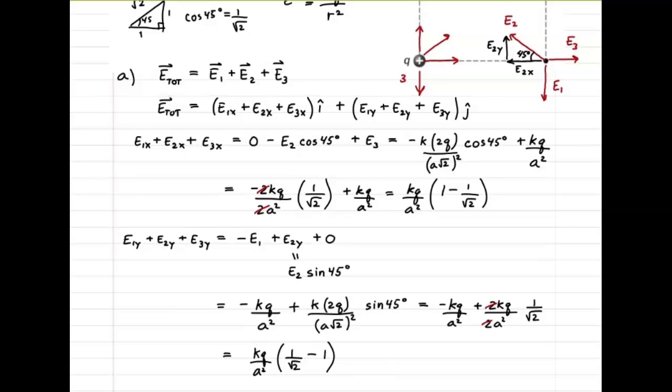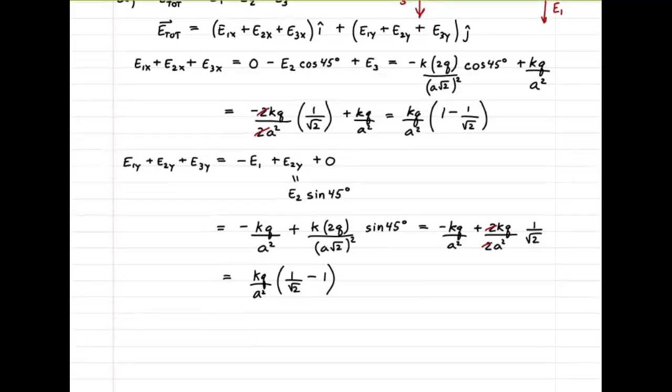Okay, so now we're ready to see what the total electric field looks like. We'll put E total vector. Remember, it's equal to E total X, which is just found, times I hat, plus E total Y times J hat.